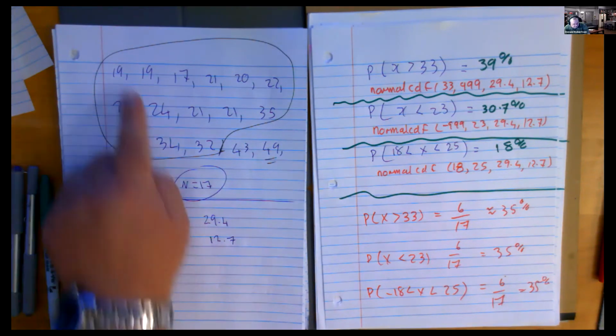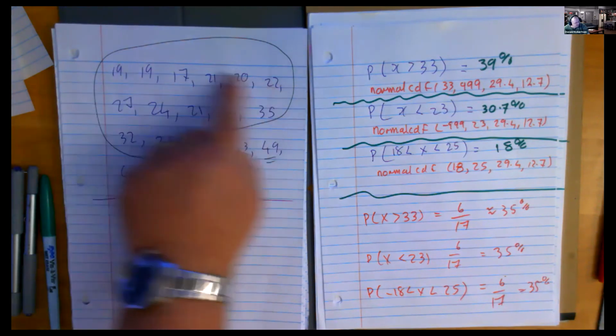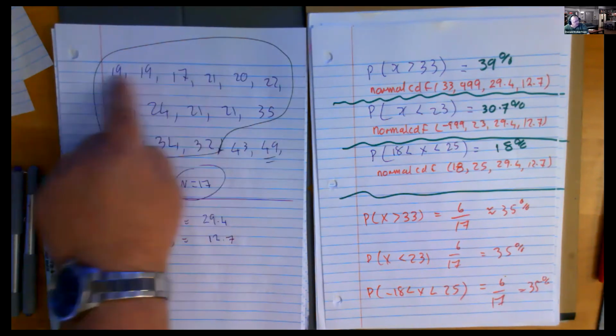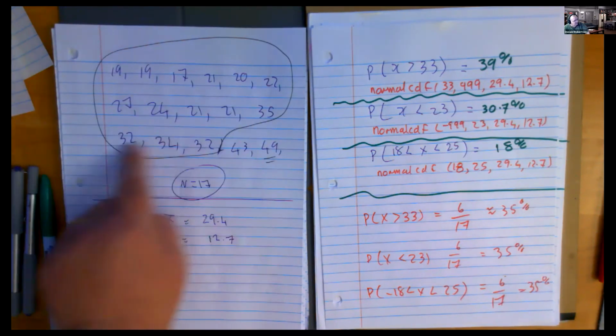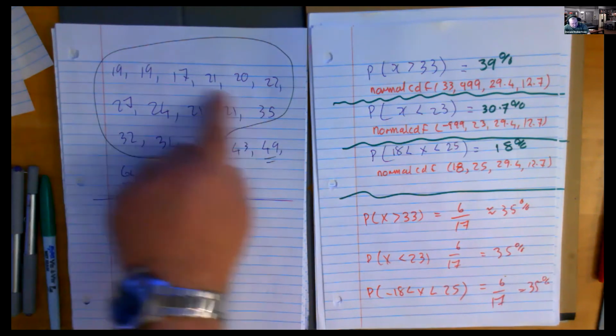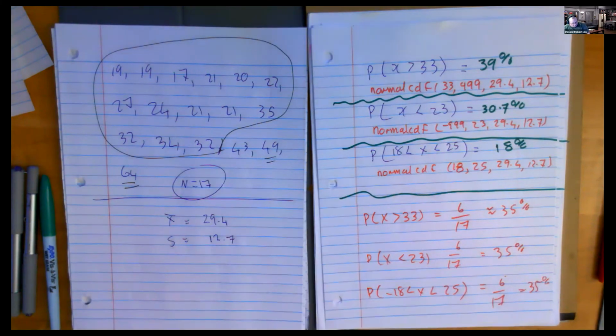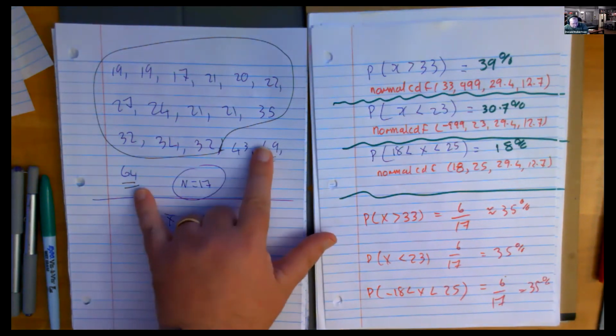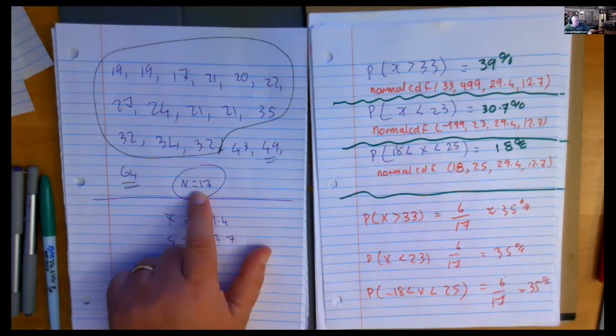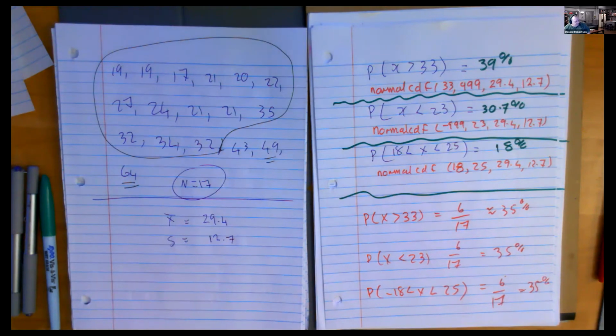The data starts, everybody's pretty much the same age: 17, 18, 19, 20, 23, it kind of goes up and down, pretty normal. And then at the end, we go 43, 49, 64. And although that's not normally too bad, when there's only 17 numbers, that can have a bigger contribution.